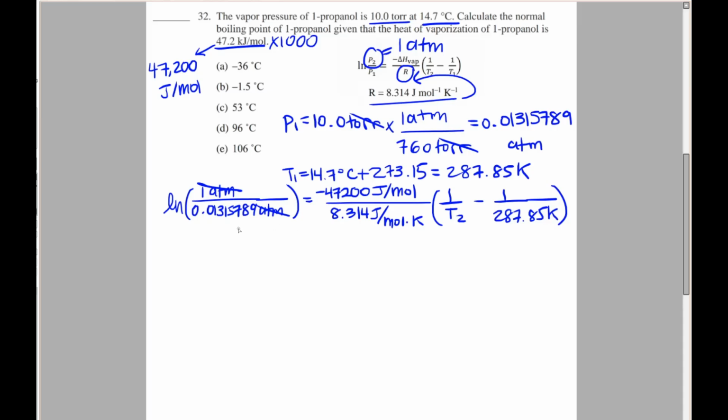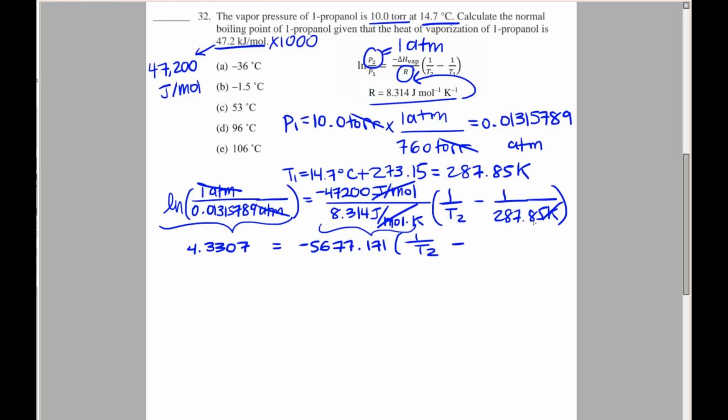So if we simplify this a little bit, all of these units will cancel out eventually, and this is equal to approximately 4.3307. This will be approximately equal to negative 5,677.171, and then we're going to bring down this parentheses term over here.